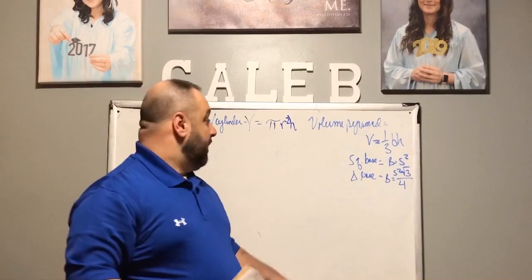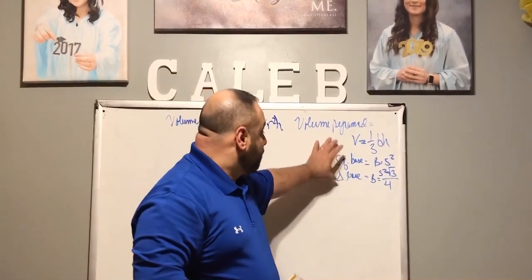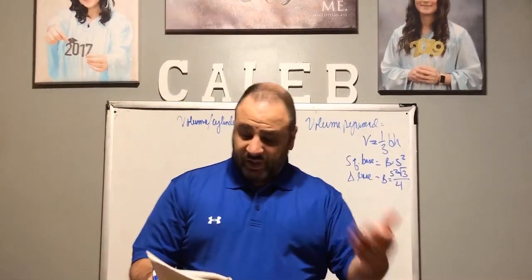So square base, regular triangular base, equilateral triangle. We've got to take that into account, and then we can plug that into the formula and simplify it. So let's practice these together, okay?